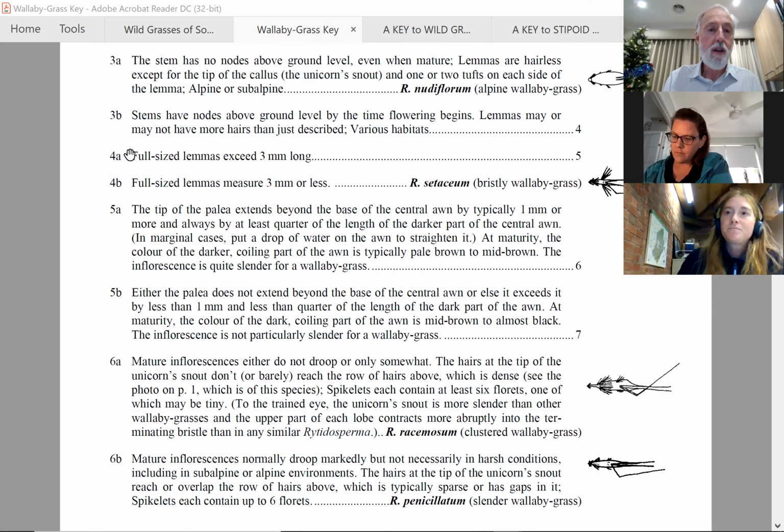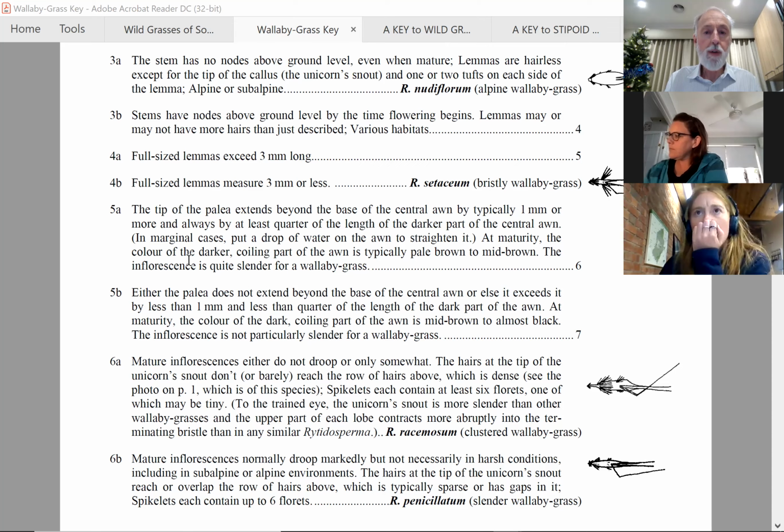That would mean that we would go via 4A to 5 and put that on the breadcrumb trail and read 5A. 5A says the tip of the palea extends beyond the base of the central awn by typically 1 millimeter or more, and always by at least quarter of the length of the darker part of the central awn.